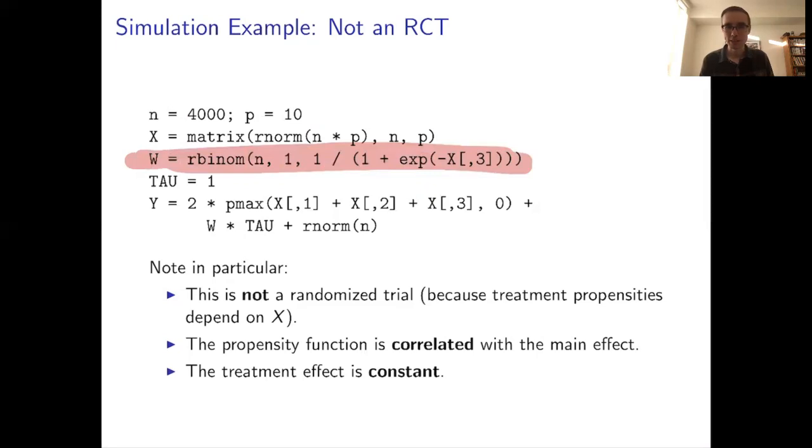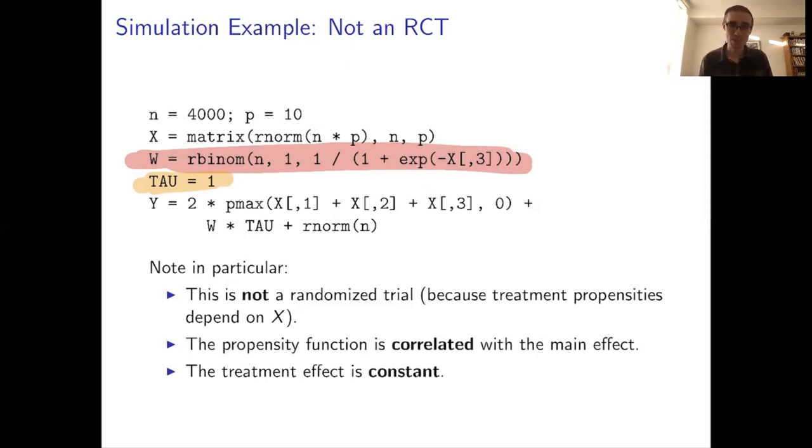Now there's a logistic shape in terms of X3, where the bigger X3 is, the more likely you're going to be treated. On the other hand, the treatment effect is constant here. So if you get rid of all the confounding, the treatment heterogeneity problem is trivial. There's no heterogeneity. There's a constant treatment effect of tau equals 1.